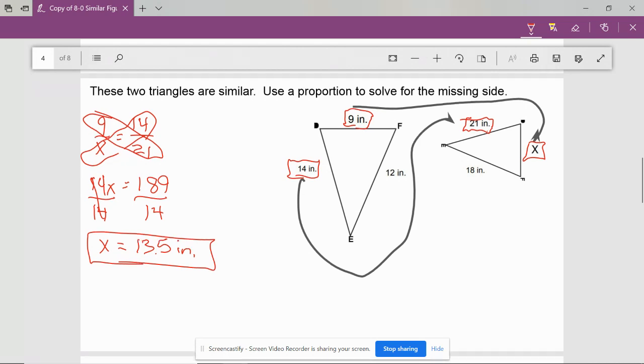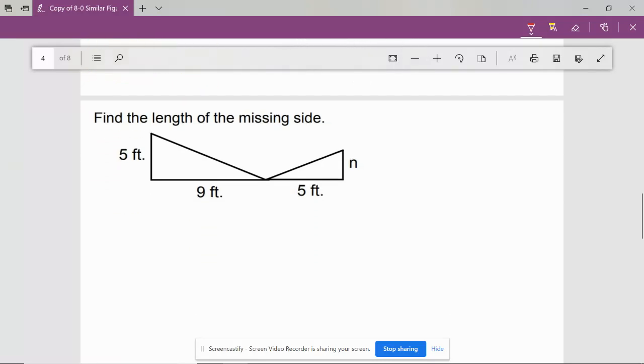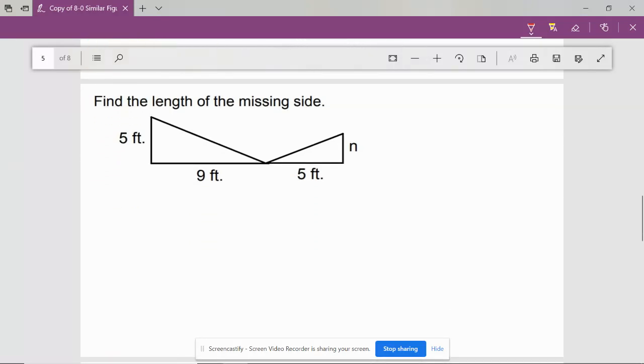Okay, so let's go ahead and move to the next slide. Again, we're finding the length of the missing side, which is going to be n. If I say find the length of the missing side, we are assuming that these two shapes are going to be similar. So all we have to do is set up a proportion.